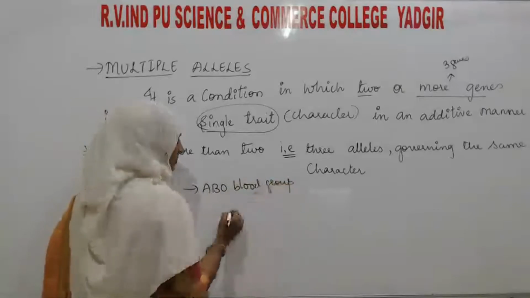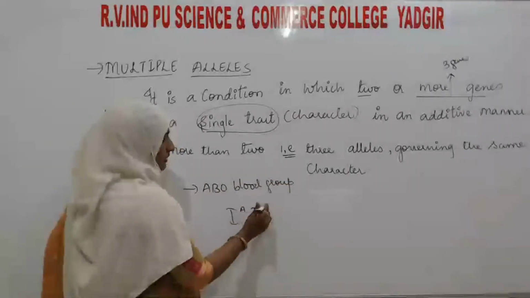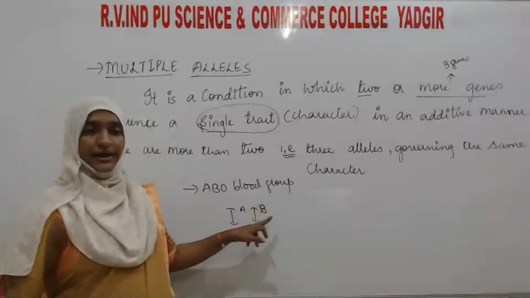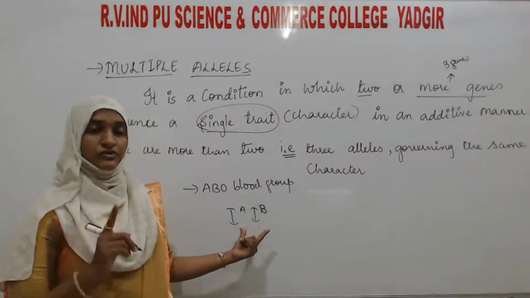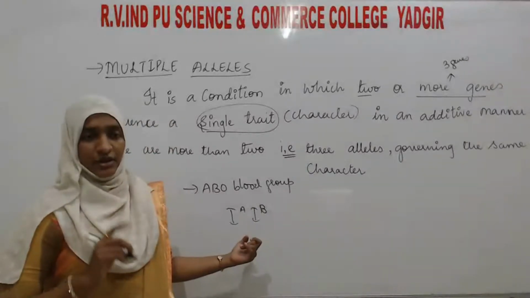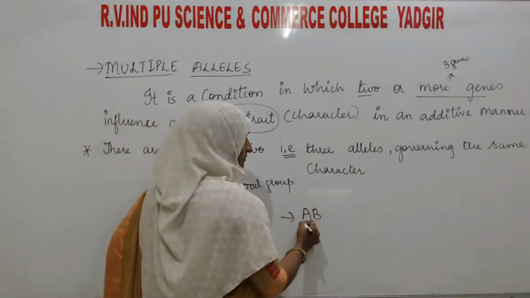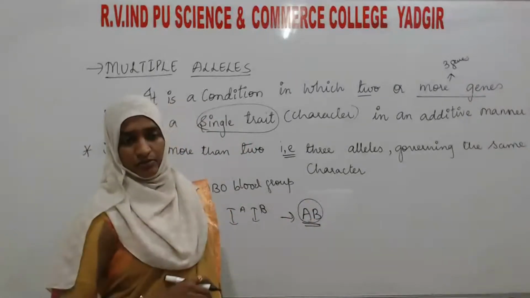So in this ABO blood group, IA and IB are the two alleles which give the same character. What is that phenotype? One blood group it is going to show, and that single character is the AB blood group.